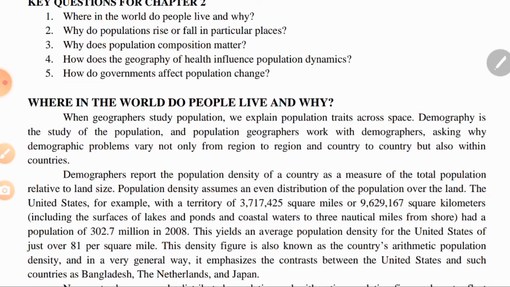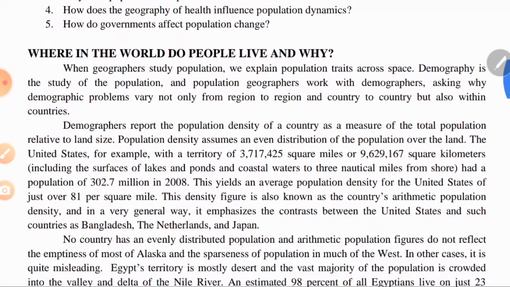Demographers report the population density of a country as a measure of the total population relative to land size. Population density assumes an even distribution of the population over the land.